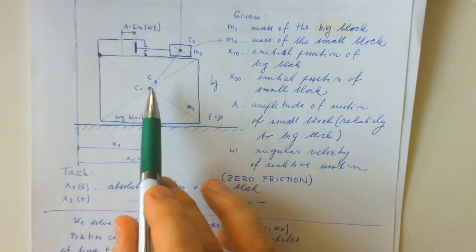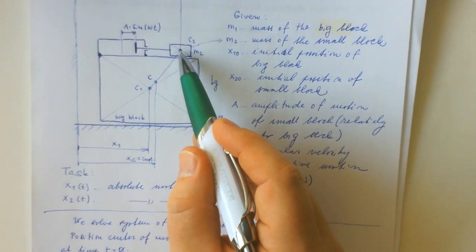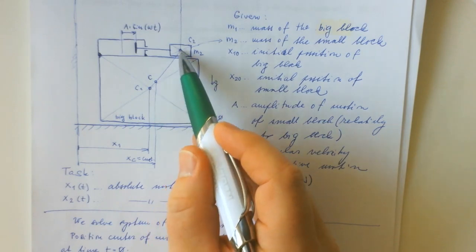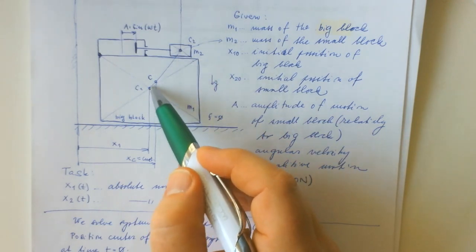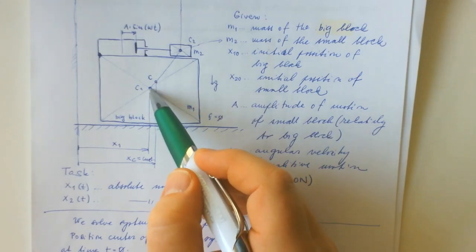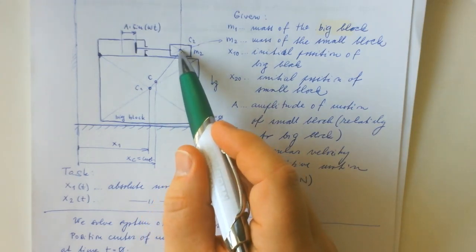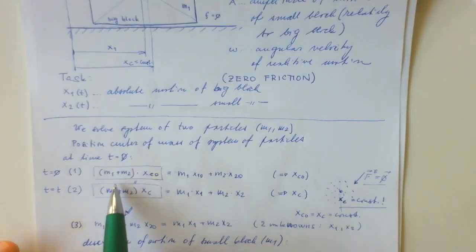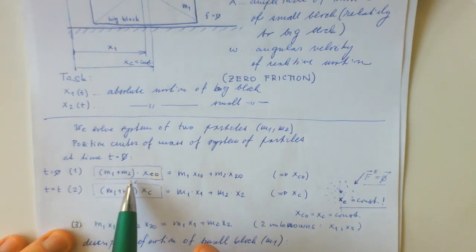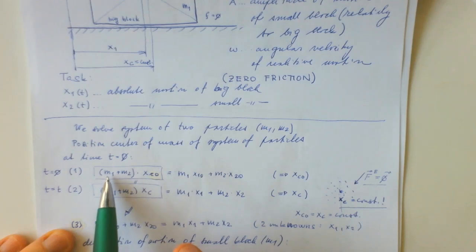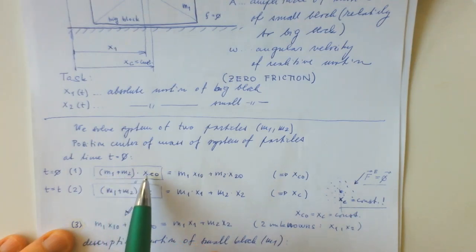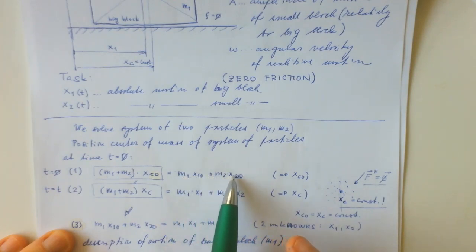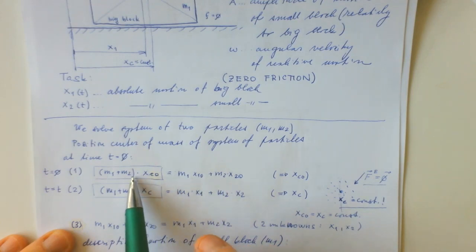Okay, so somewhere here, because we know that the center of mass must be on this straight line between c1 and c2. So let's say here, because mass m1 is greater than mass m2. So using the statical equation of moments, we can write that m1 plus m2 by xc0 is equal to m1 by x10 plus m2 by x20. It's an equation of statical moments.